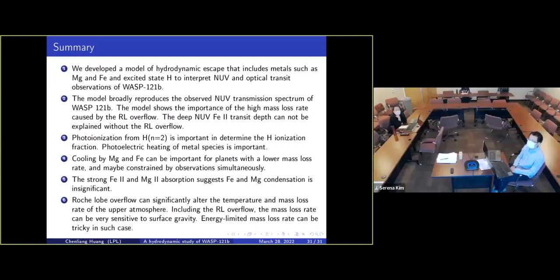Yeah, because the energy limit expression is very simplified. There should actually be a lot of physics behind that, and everything is basically hidden in that epsilon coefficient. Like you said, there's a cooling effect where, with the Roche lobe, the gravity potential is not from the surface of the planet.